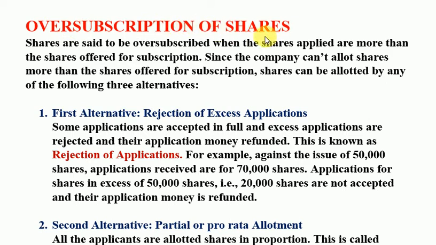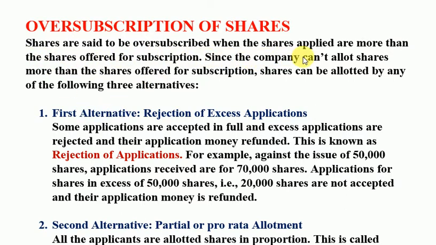It means that when the public applies or subscribes for more number of shares than what has been issued by the company, or in simple words, the shares issued by the company are less and the shares subscribed by the public are more. The language here says shares are said to be oversubscribed when the shares applied are more than the shares offered for subscription.